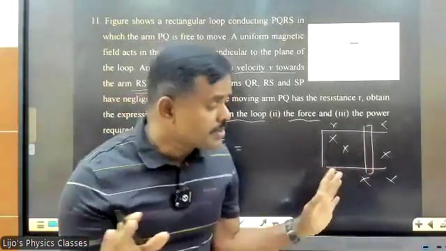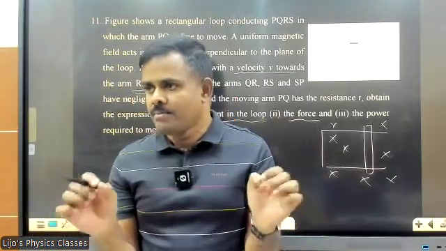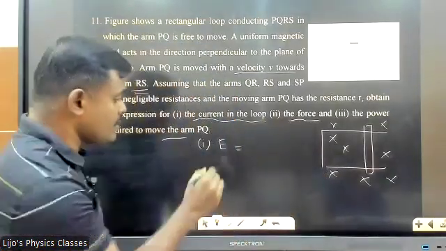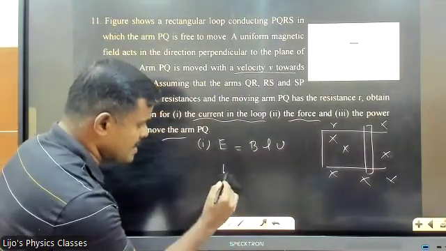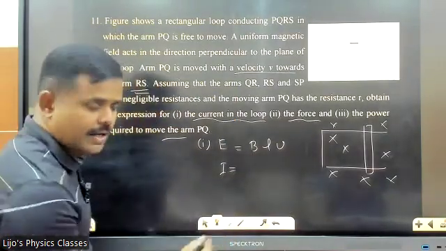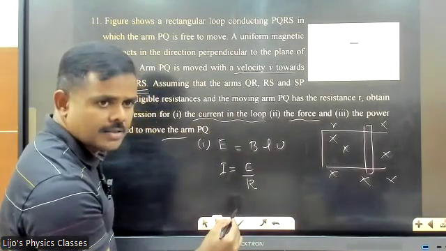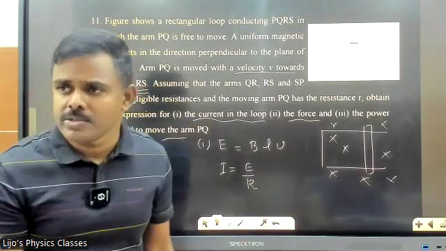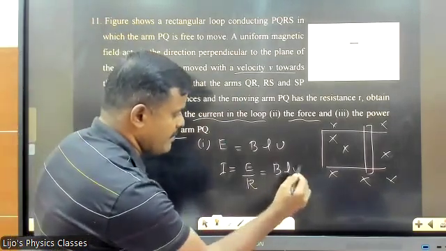So this is a clear case of motional EMF. The equation for EMF is BLV. Don't do it now, please. They are asking you to find the current. Ohm's law will help you. E by R. Current is voltage by resistance, so it is BLV divided by R.